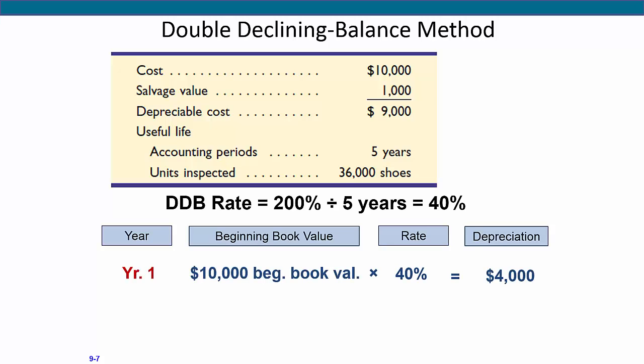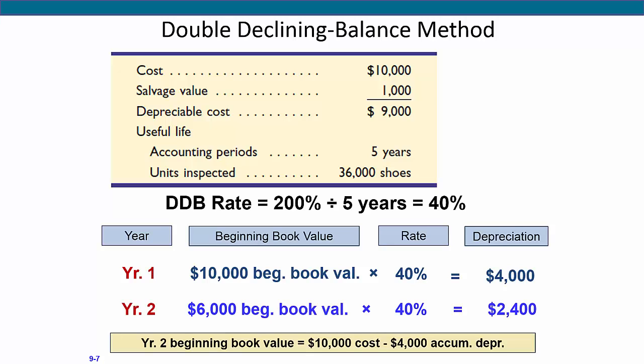Depreciation expense for the first year is our $10,000 cost times 40%, or $4,000. And the book value of $6,000 at the beginning of year 2 is equal to the original cost of $10,000 minus accumulated depreciation to date of $4,000. And $6,000 times 40% equals $2,400 depreciation expense for the second year.